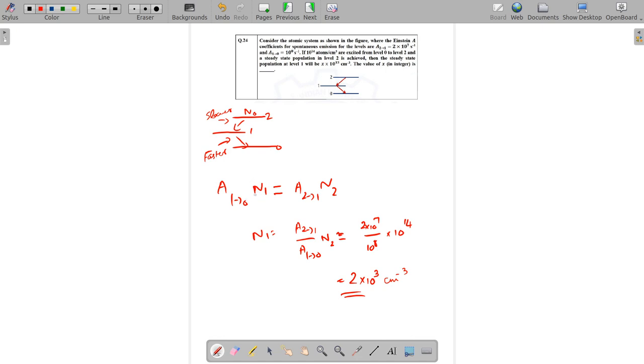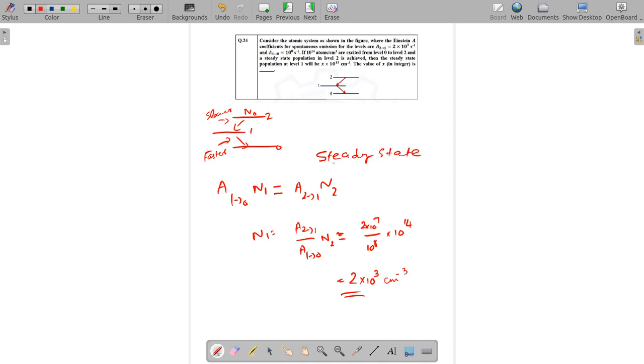Suppose N1 is the number of atoms in level 1 and N2 is that in level 2. So it should be under this steady state.